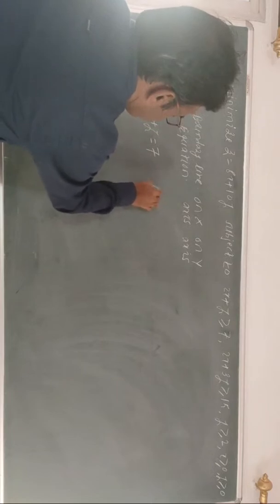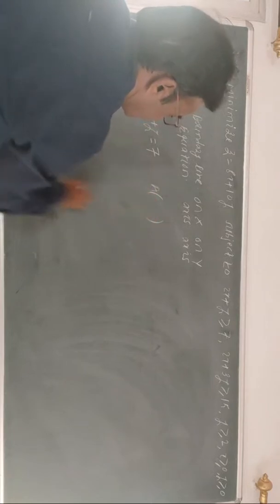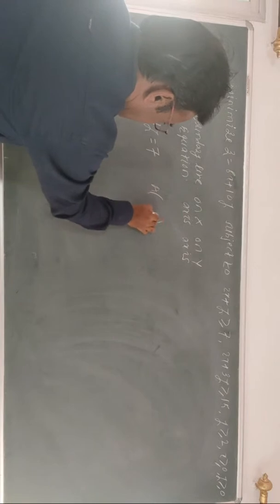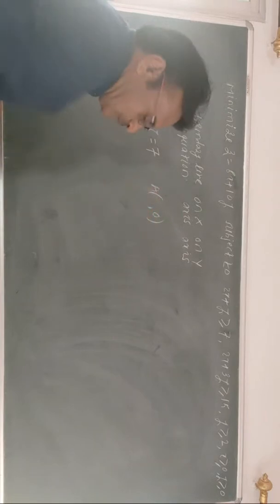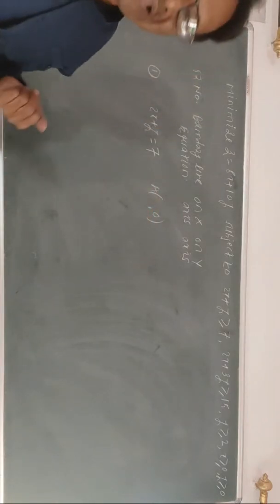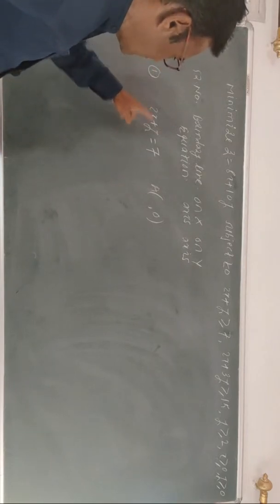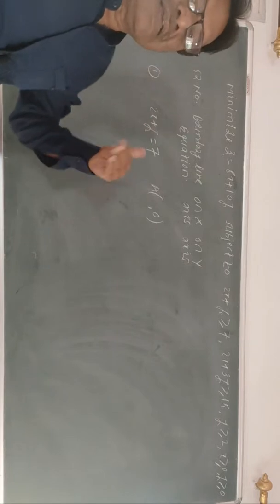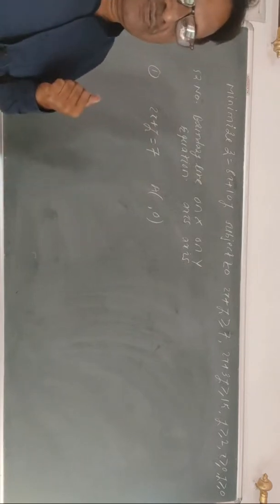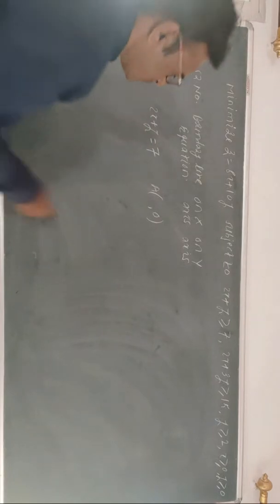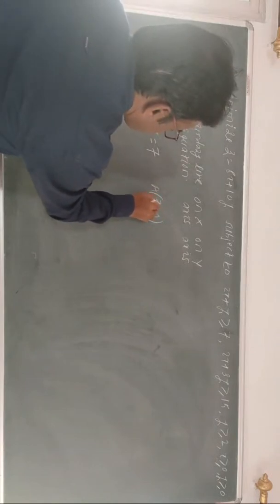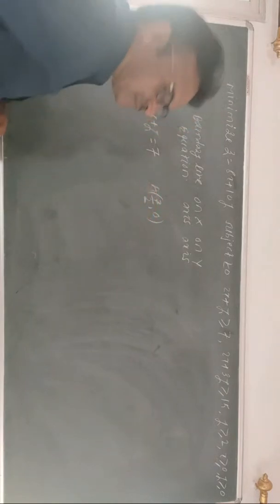Suppose this point is point A, and we know that the point lies on the x-axis, so the y coordinate is 0. Then we find the x coordinate. Here we put y equals 0, then 2x equals 7, therefore x equals 7 by 2. We find this orally. So we write the x coordinate 7 by 2.